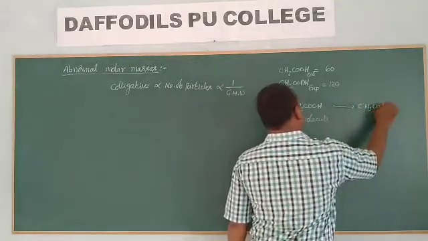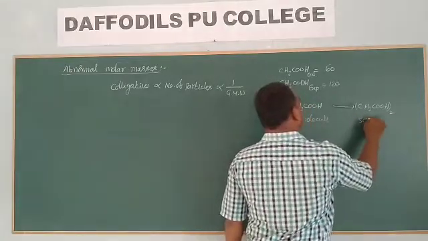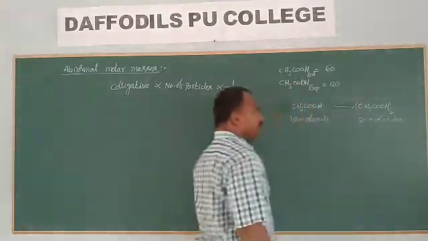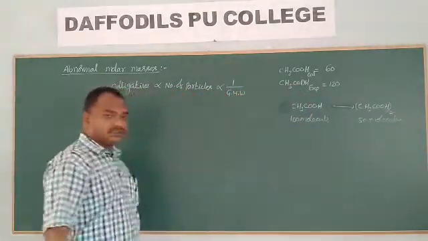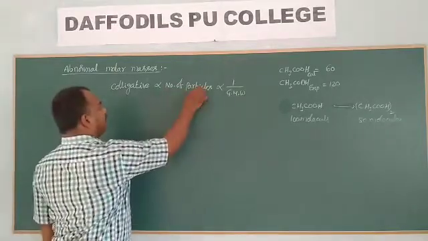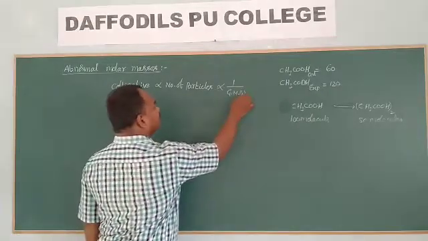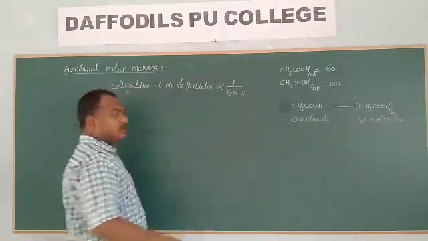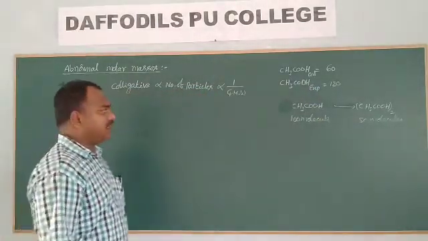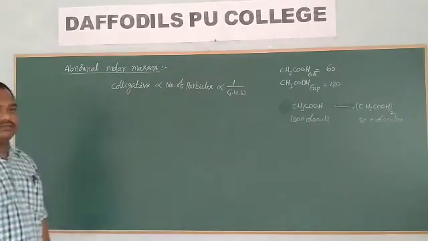You get only 50 molecules. These 100 molecules undergo dimerization and appear as 50 molecules. So the number of particles decreases, and gram molecular weight increases. So when we do the experiment, we get the molecular weight as 120.